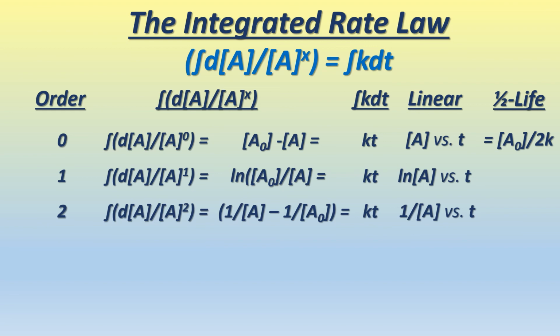For a first-order reaction, since it's a logarithmic relationship and the concentration is being cut in half, a0 over a is going to be the log of 2, you will always get a half-life of 0.693 over k. For a second-order reaction, the inverse reaction, the half-life is 1 over a0k.